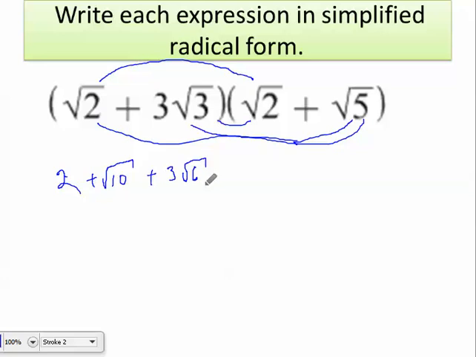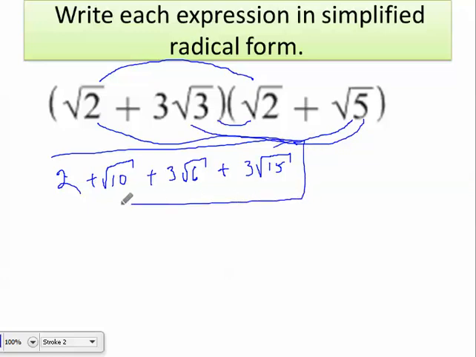And which one am I missing? Oh, square root of 3 times the square root of 5 would be plus 3 square roots of 15. That would be simplest form. Do you see how I did that? By using the FOIL method. This was the square root of 2 times the square root of 2. This one was plus square root of 2 times the square root of 3, or 3 square roots of 3.